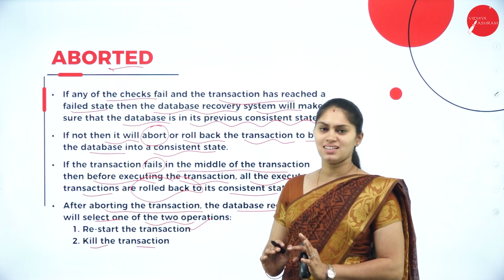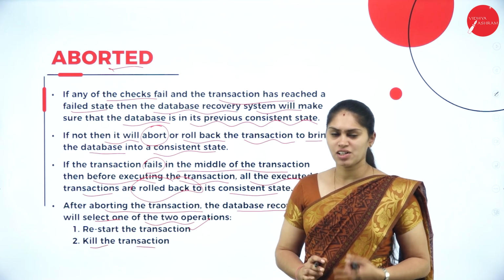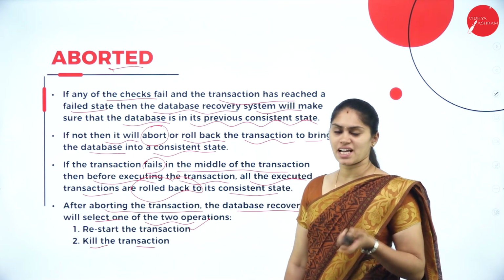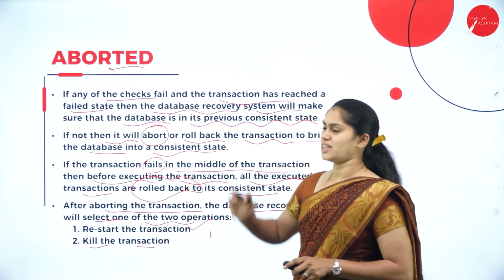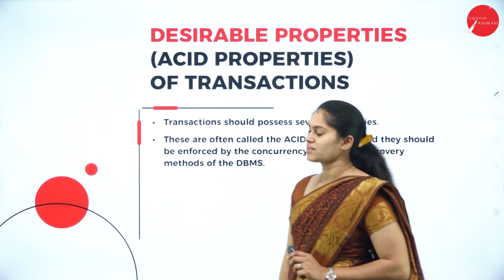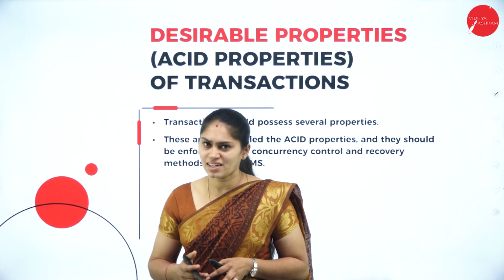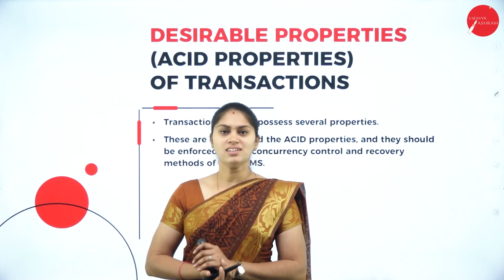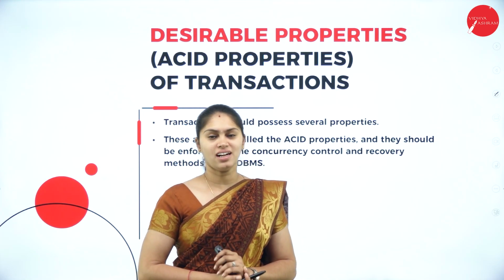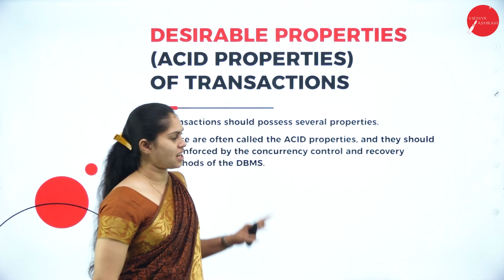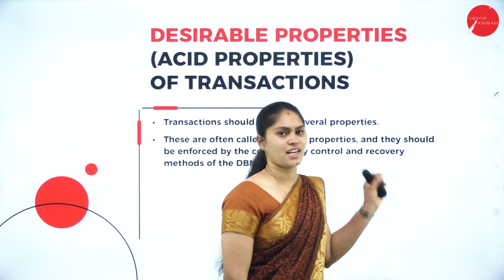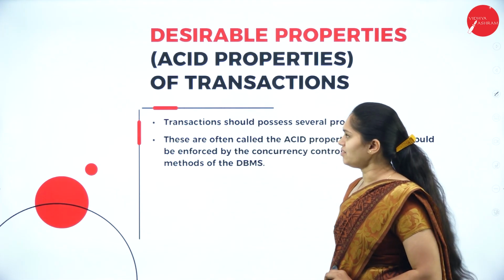That means you can cancel the transaction itself, or else restart it. There are two possibilities with respect to the aborted state. You need to understand whether it is failed, aborted, committed, or it has to reach the last one, that is the terminated state. Those are the different states of a transaction which we have learned now.